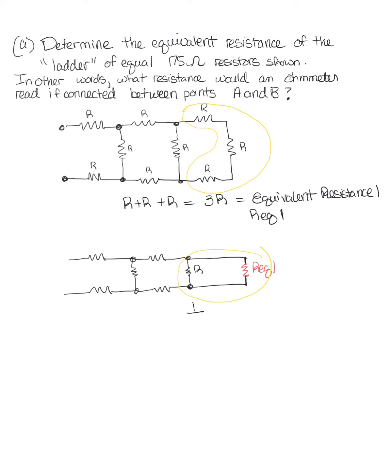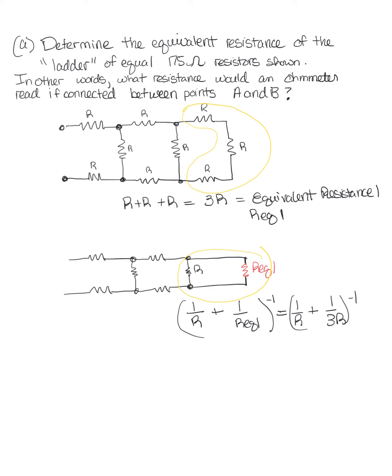This is still a value of R, plus 1 over REQ1, because it's the reciprocal of that equivalent resistance we just found. Now you have to make sure you take the reciprocal of the sum of the reciprocals. Okay, it's a mouthful. So what we have here is 1 over R plus 1 over 3R.